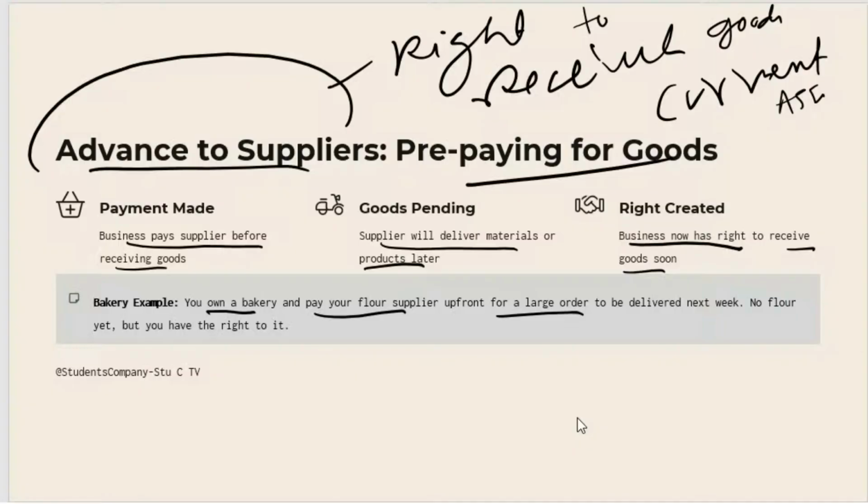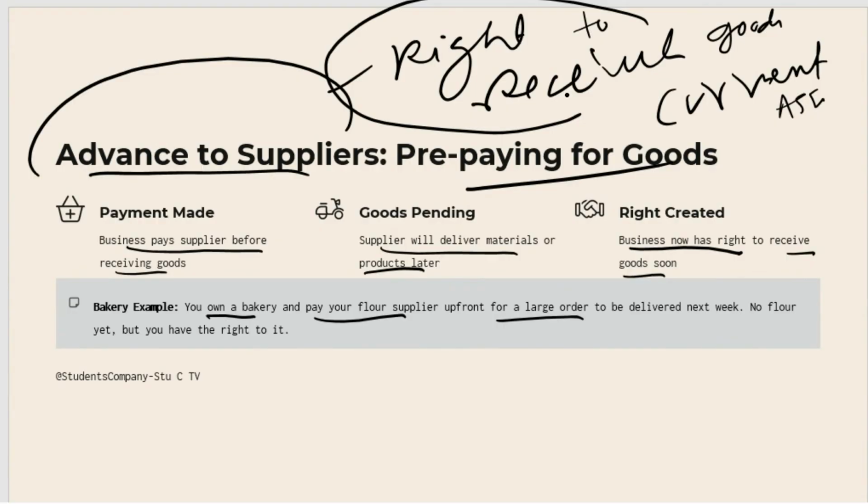So, we have seen that advance to suppliers has created a right to receive goods. When you have given an advance amount to the supplier, you are saying that now I have given you money, but I have a right to receive goods from you. So it has become a right for future benefits. Hence, it will be classified under current assets.